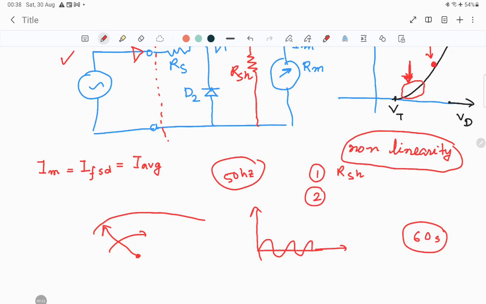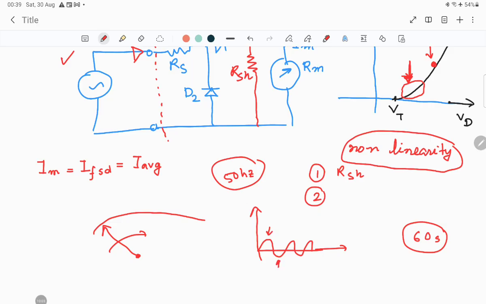So the needle, the pointer that's working, has some inertia, and due to this inertia it cannot change its position so frequently. It cannot move itself so frequently in the upward voltage or downward voltage.